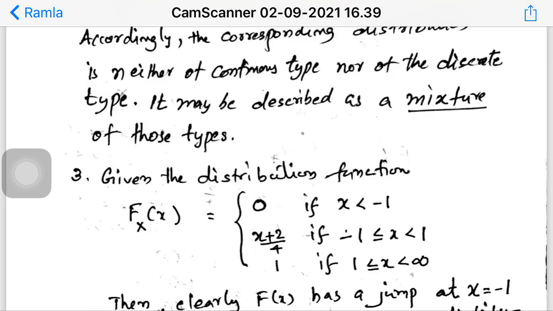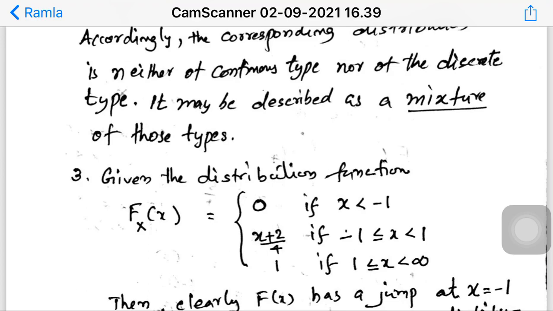But at x equal to minus 1, the probability is 1 by 4. And what happens at x equal to 1? At x equal to 1, f of x is 1. But f of 1 minus is 1 plus 2, 3 by 4.